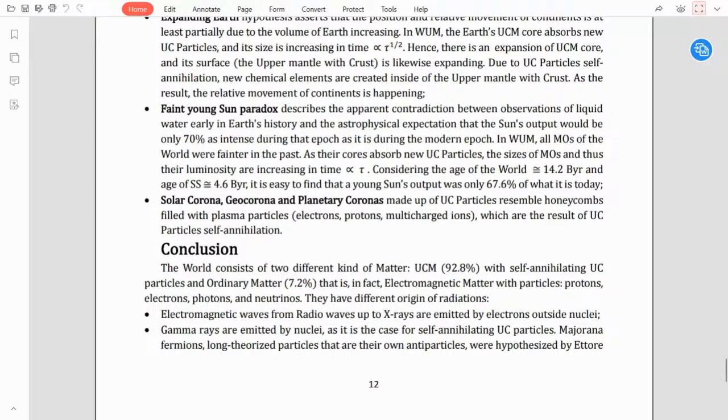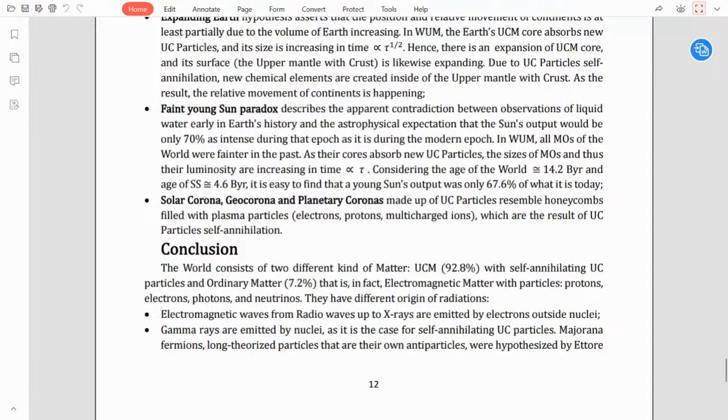Conclusion. The world consists of two different kinds of matter: UCMM, 92.8%, with self-annihilating UC particles, and ordinary matter, 7.2%, that is in fact electromagnetic matter with particles: protons, electrons, photons, and neutrinos.